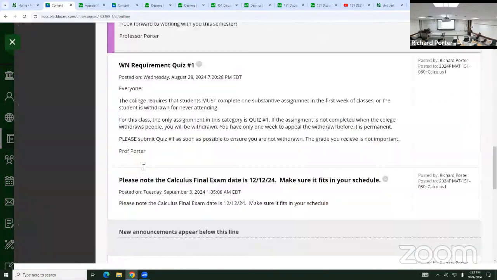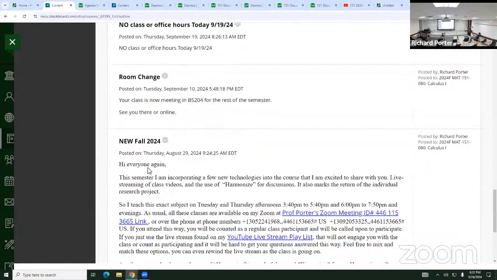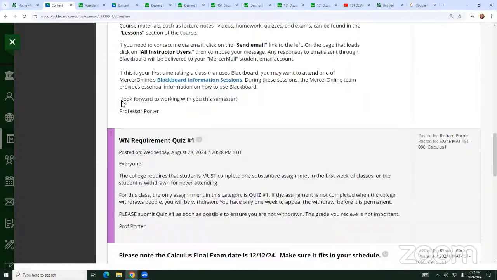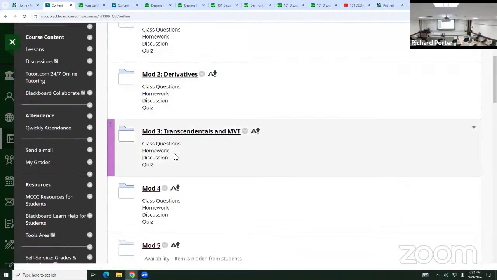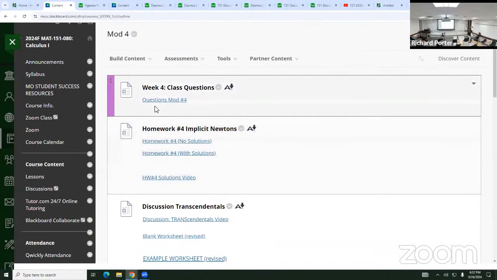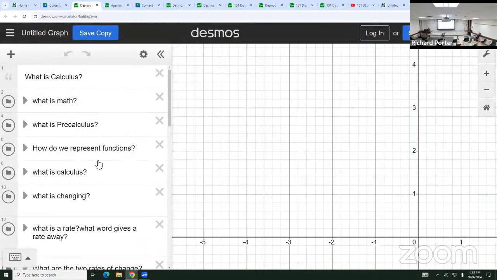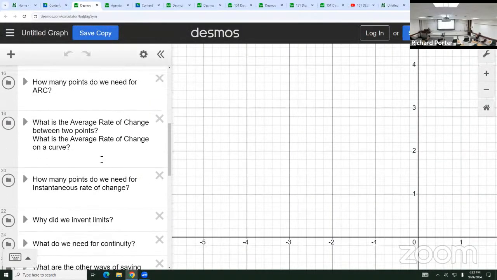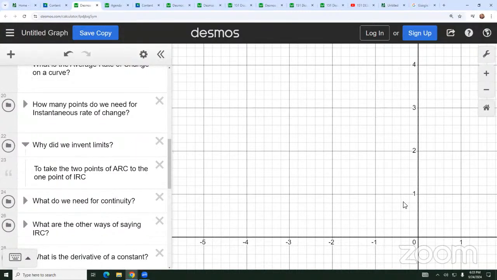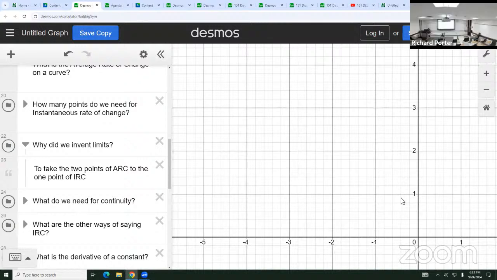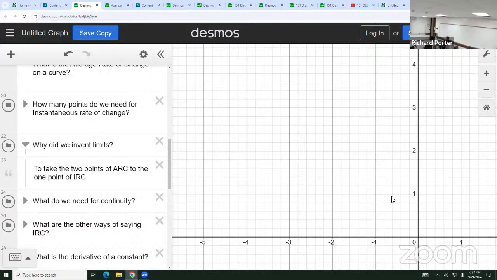It should be in mod 4. It's in mod 2 as well, I think. Let's see. I'm going to check mod 4. Is it in questions mod 4? Okay, so why did we invent limits? Is that the question I'm asking? Yeah. Why did we invent limits? Right there on the screen.